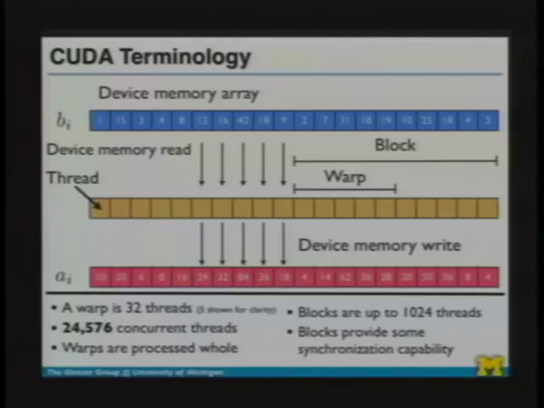Arrows on my slides mean that I'm moving memory from device memory, in this case, into a thread register. Thread registers are local to the multiprocessor and can be accessed in a single clock tick. So they're extremely fast accesses. There's no latency to accessing values in a register.